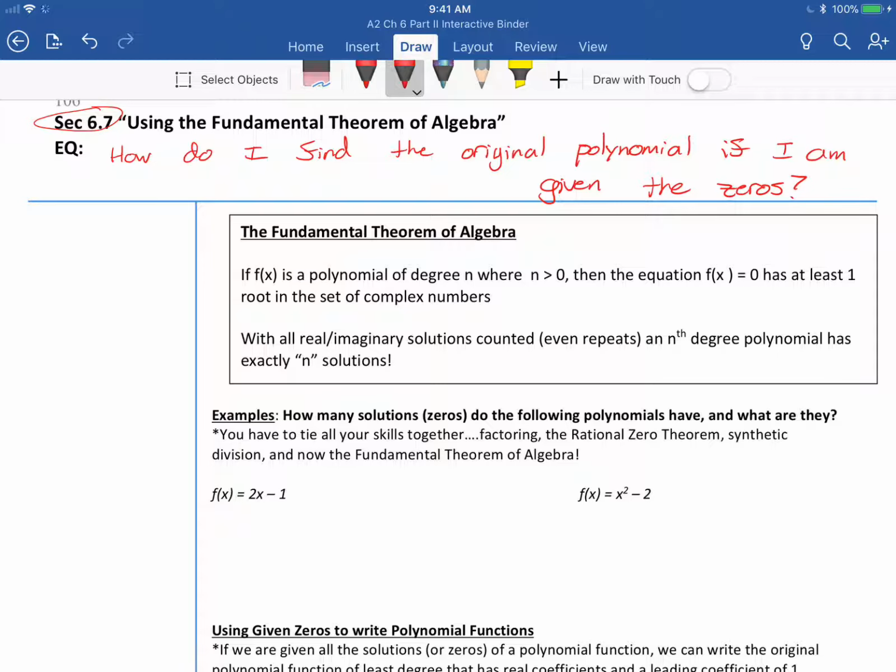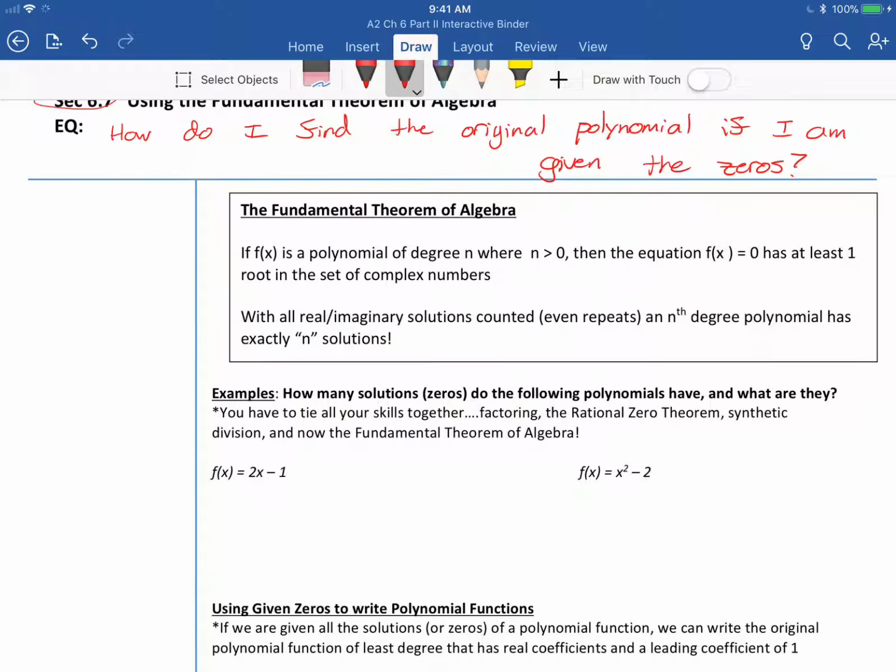Today we're going to work backwards the other way. We've taken about a week to go through finding the zeros. Now I'm going to give you the zeros and you have to find the original polynomial.